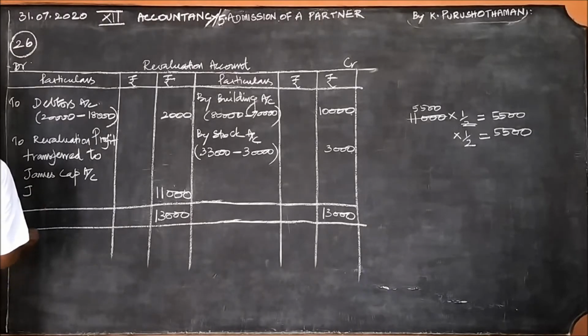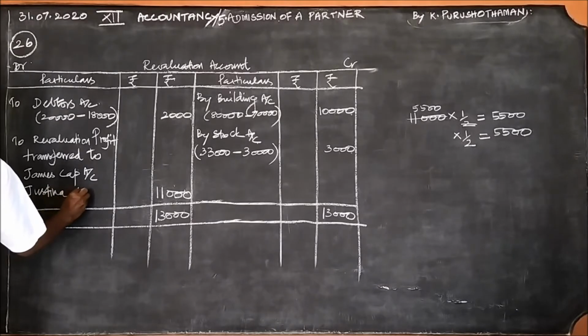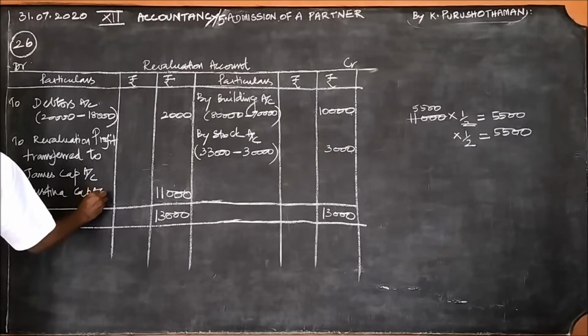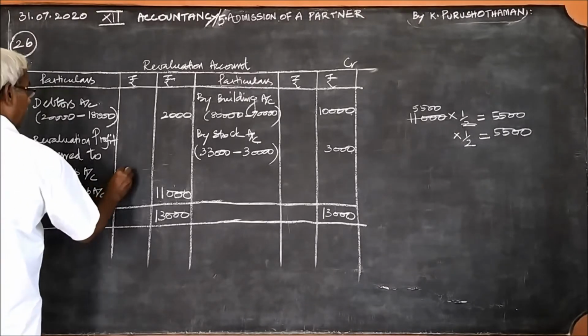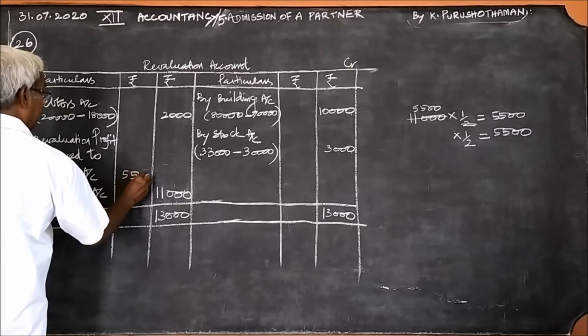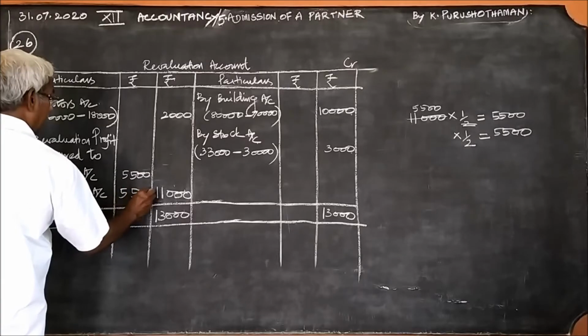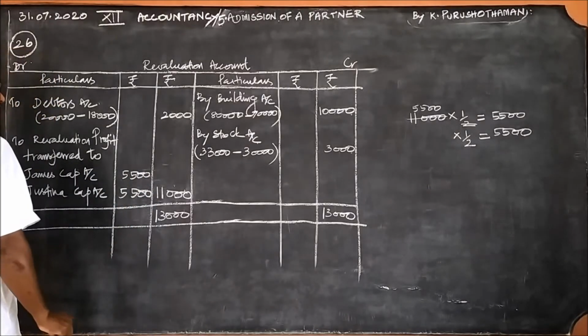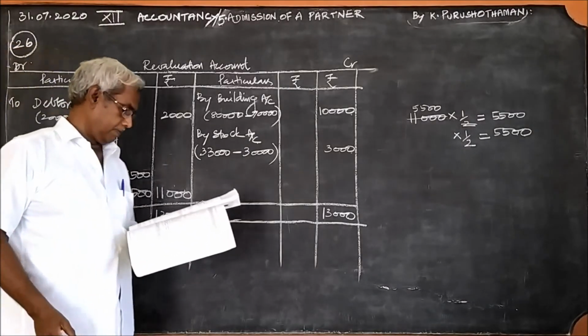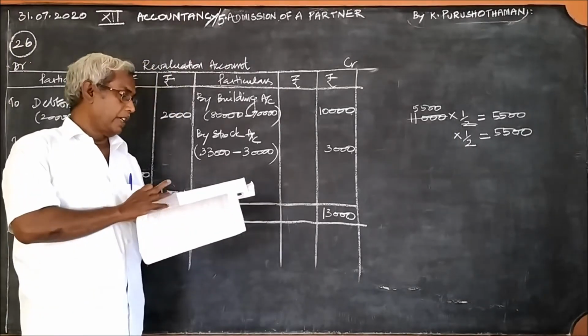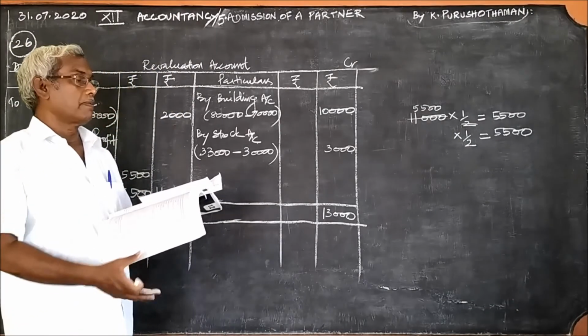The second partner is Justina. Since they are equal partners, 11,000 is divided among themselves equally. So 5,500, 5,500. This is what is given for this.